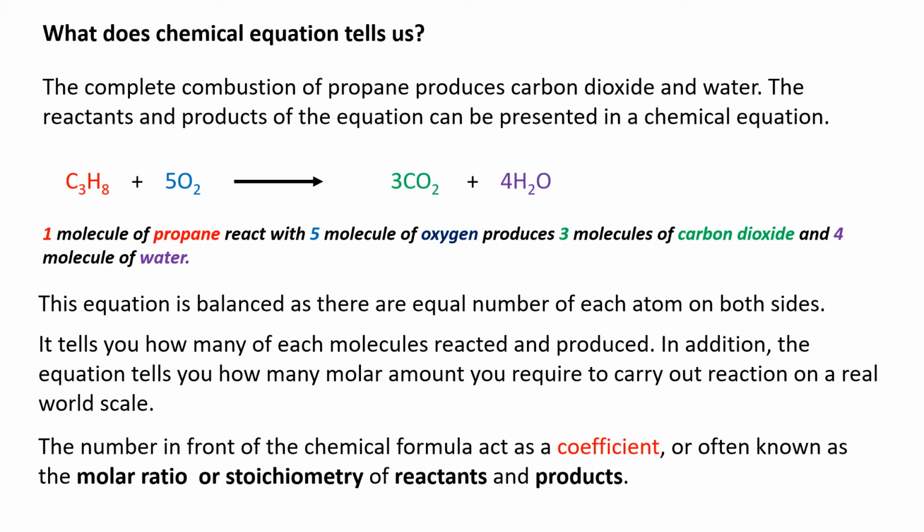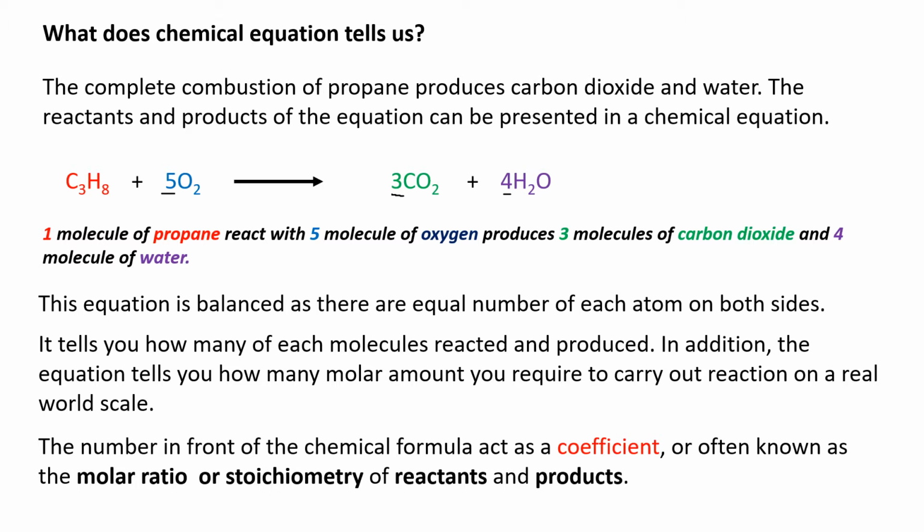It tells you how many molecules have reacted and how many molecules have been produced. It also tells you how many molar amounts you require to carry out the reaction on a real world scale. So these coefficients that you see, the 5, 3 and 4, have their uses in the stoichiometry of the reaction.